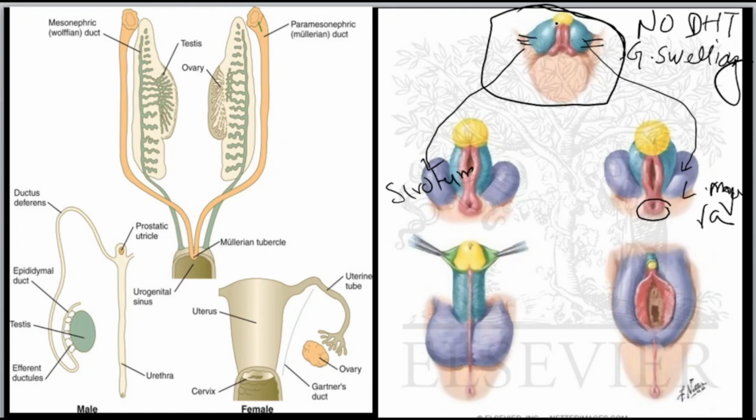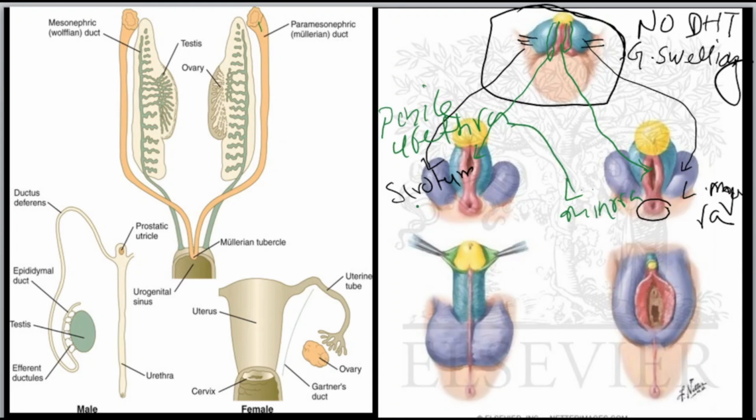Now, this structure is known as the urethral fold. In case of male, it gives rise to formation of penile urethra. And in case of female, this gives rise to formation of labia minora. These are the homologous structures. Labia majora is homologous to scrotum. Labia minora is homologous to penile urethra.